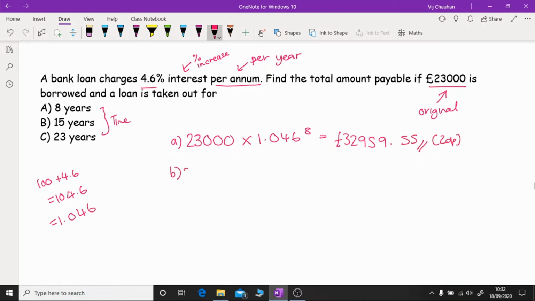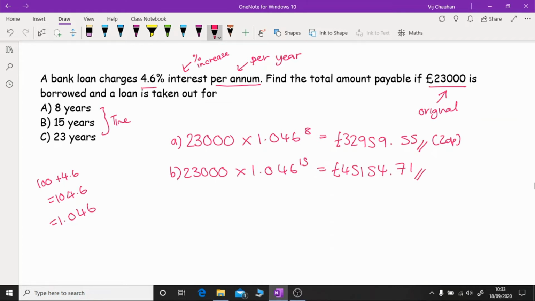For B, again exactly the same, so 23,000 times 1.046, and this time we're going to do it over 15 years, so 23,000 times 1.046 to the power of 15, and that gives us 45,154 and 71 pence.